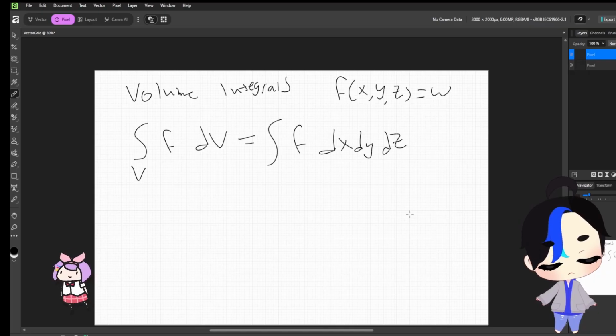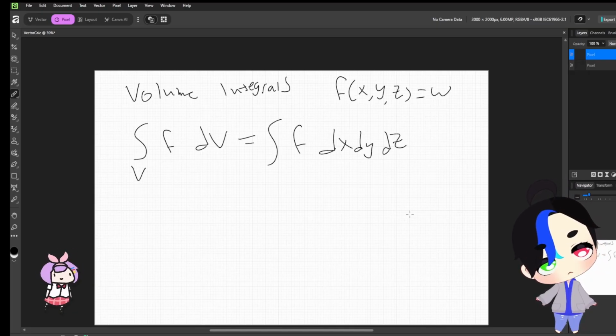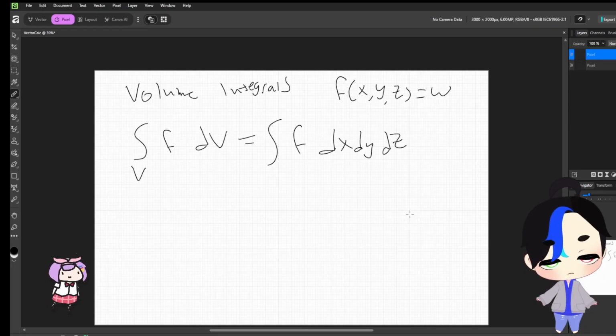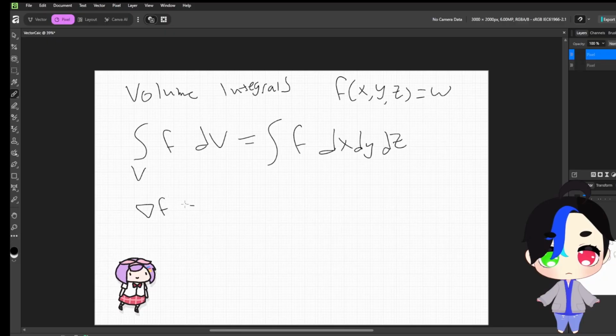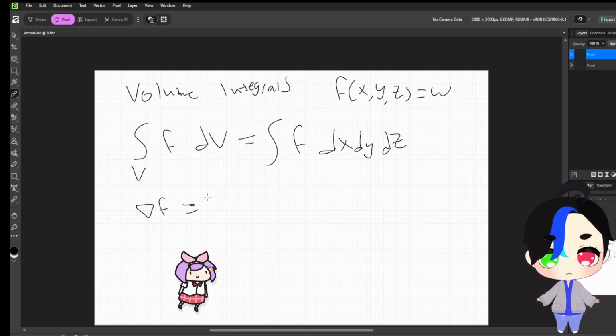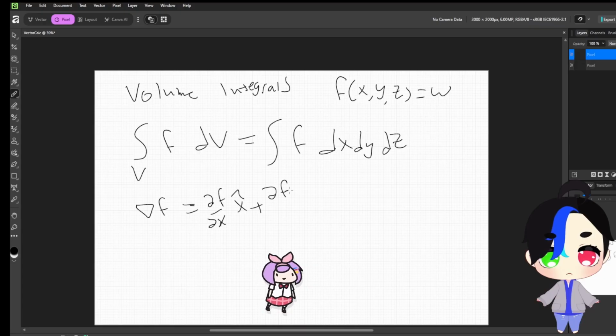Okay. So, let's say we have a gradient, right? If I take the gradient of f, that equals partial f partial x. Yeah, we've seen this before.